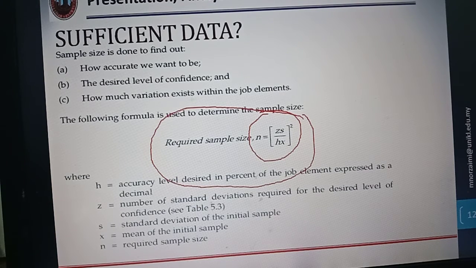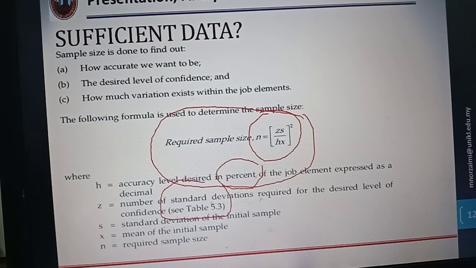H is the desired accuracy level in percent. Z is the number of standard deviations based on the accuracy level, which you refer to in the standard table. And S is the standard deviation.